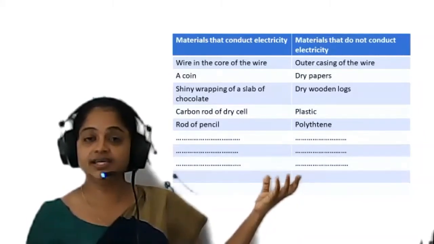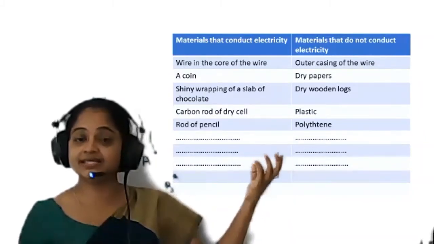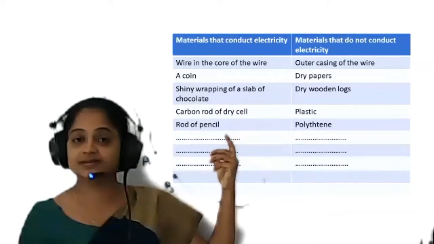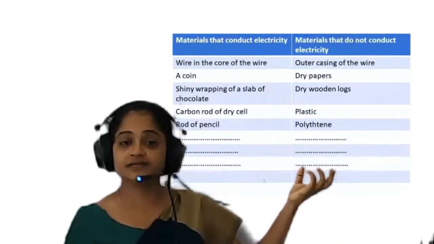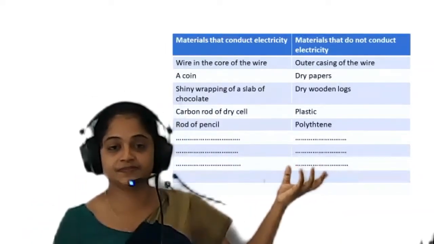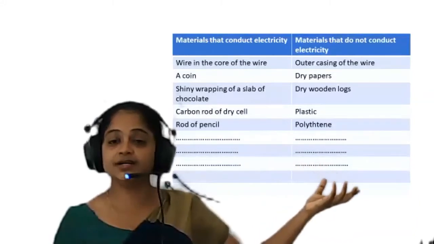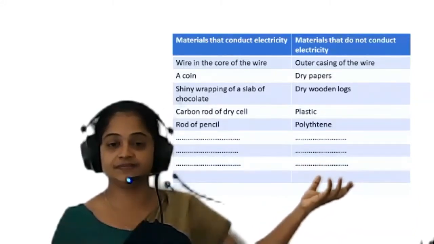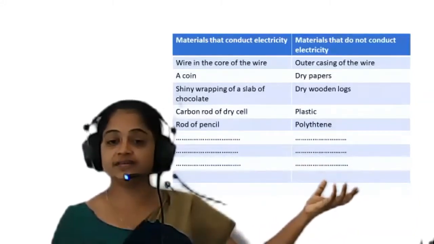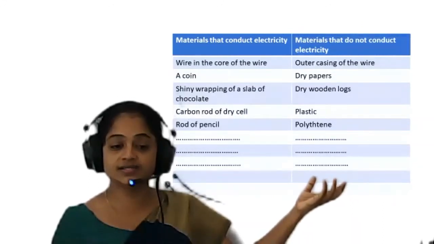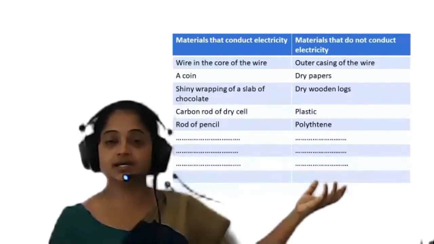In here we have to consider the materials in the above table, our discussed materials. The materials that do not conduct electricity: outer casing of the wire, dry papers, dry wooden logs, plastic, polythene.